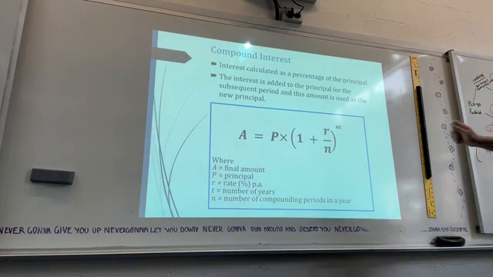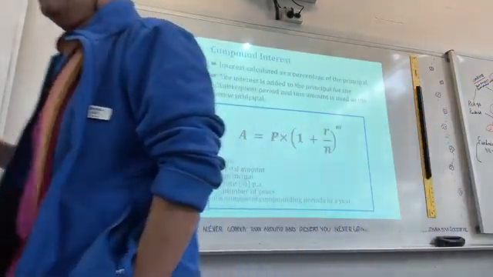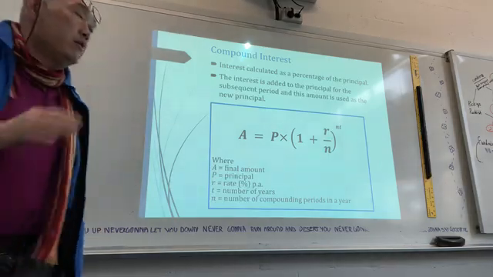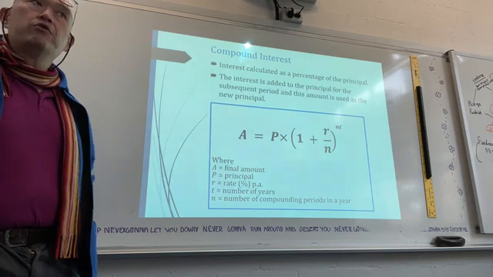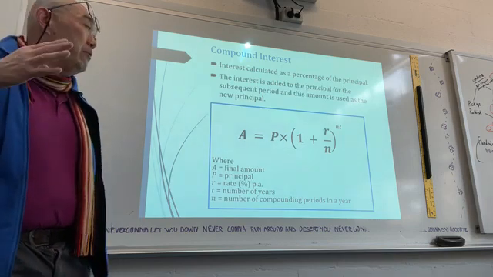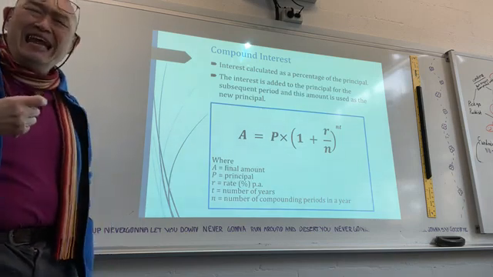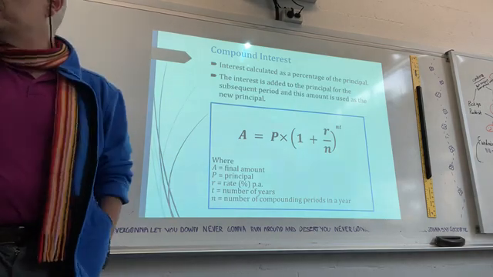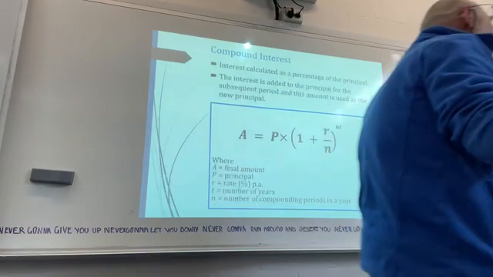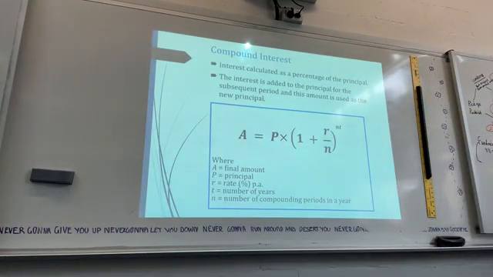N is the number of compounding periods a year. So if it is compounding half yearly, N will be 2. Compounding quarterly, N will be 4. Compounding daily, N will be 365, and so on and so forth. All right? So you've got to think about how you could use your compound interest.